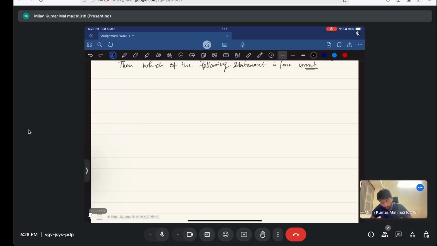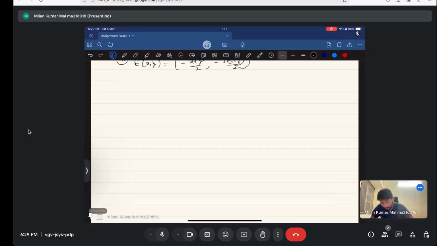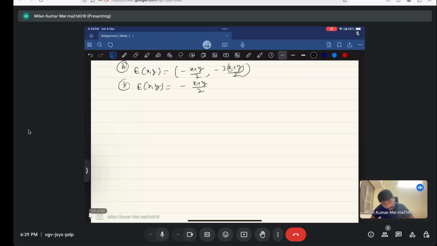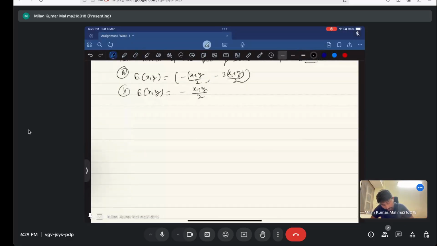Option A, E(x, y) equals (-(x+y)/2, -(3x+y)/2). Option B, E(x, y) equals (-(x+y)/2, -(x+y)/2), where the minus is outside.